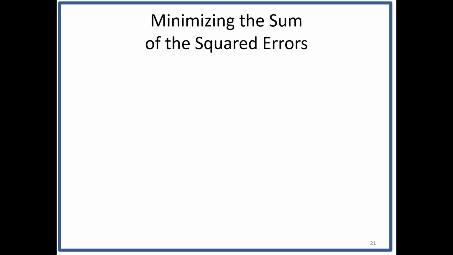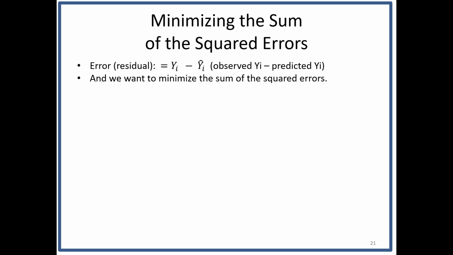So again, the error, sometimes you'll hear it called residual, is yi minus yi hat, or observed minus predicted. And we want to minimize the sum of the squared errors. So minimize the difference there squared.